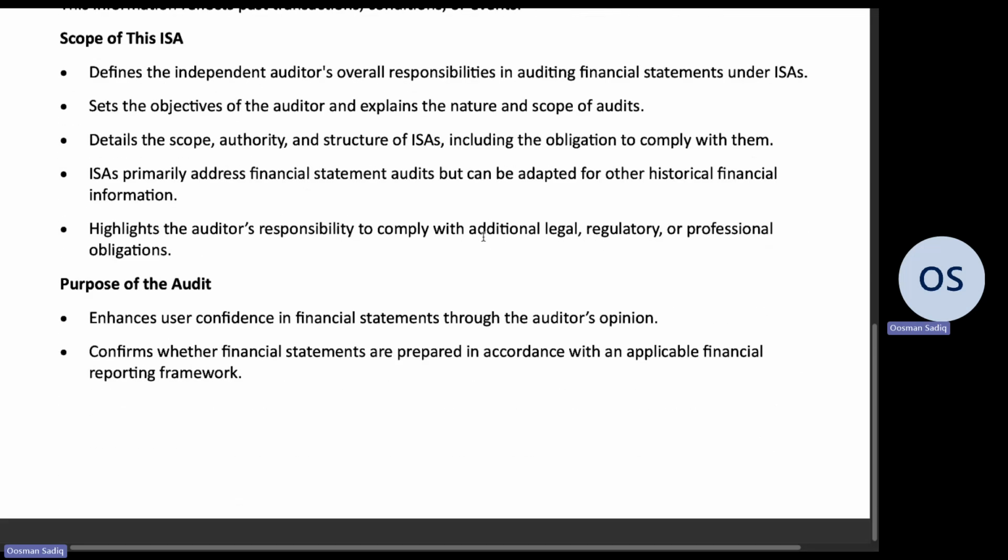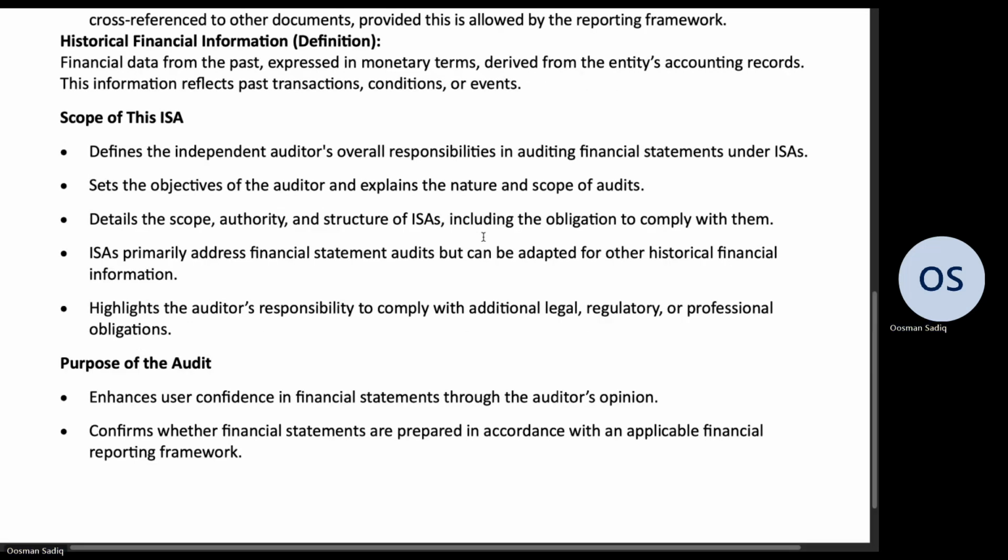The International Standard on Audit will help us understand how you can audit financial statements, what goes on in an audit of financial statements, and this standard will tell you how to make an understanding of the audit and the different components of an audit, so that when we go into the detailed standards, this will be your decision tree or your benchmark.